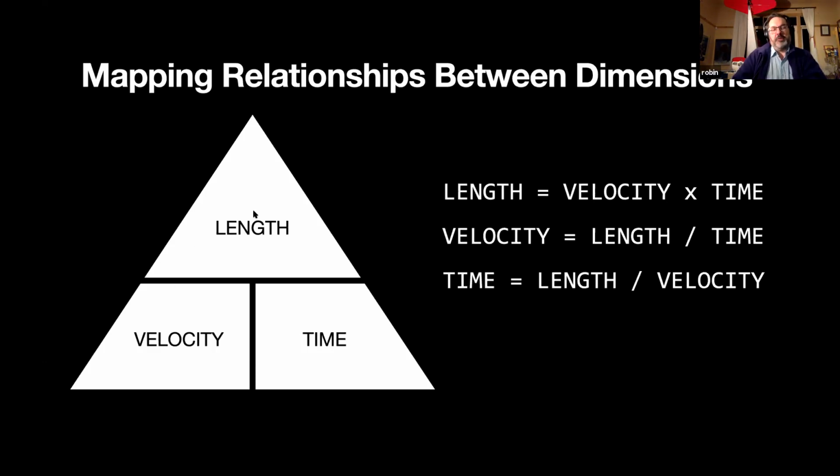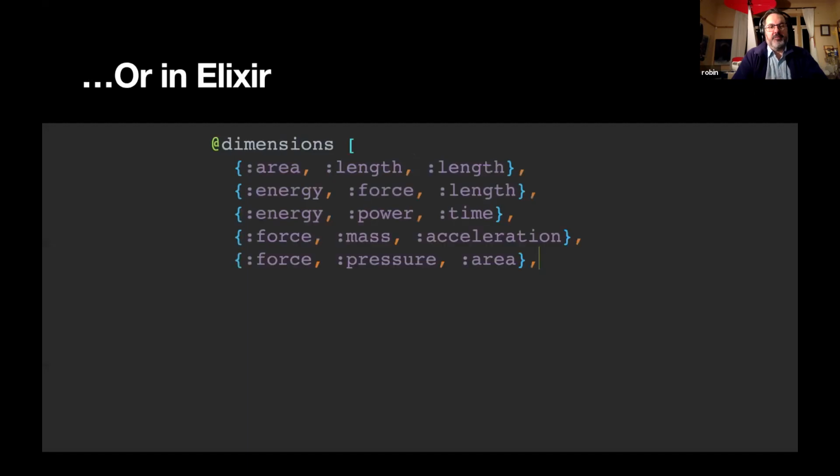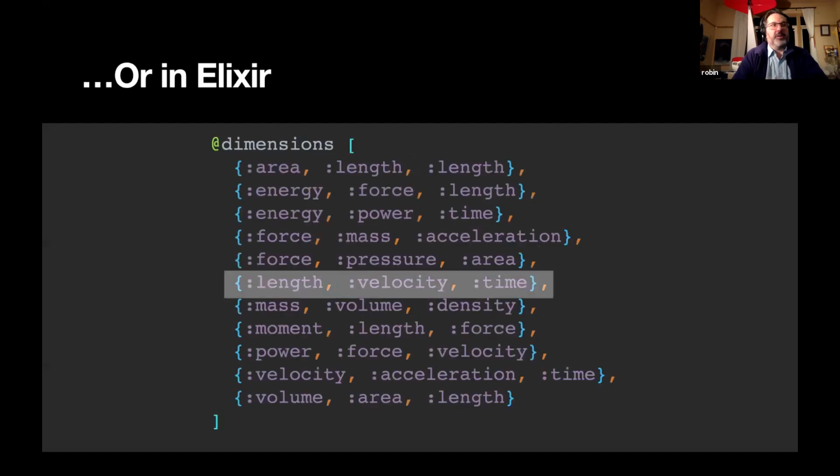But basically the way you remember the relationship between these three is length equals velocity times time, velocity equals length divided by time, and time equals length divided by velocity, okay? There are lots of different dimensions, and if we wanted to summarize all of the different relationships, we could make another little map like this that just tells us how all of the different dimensions are related to each other, using those types that we made up before.